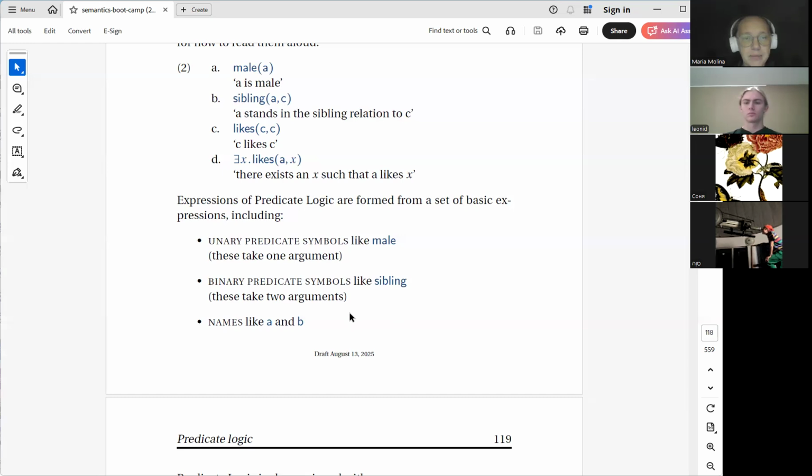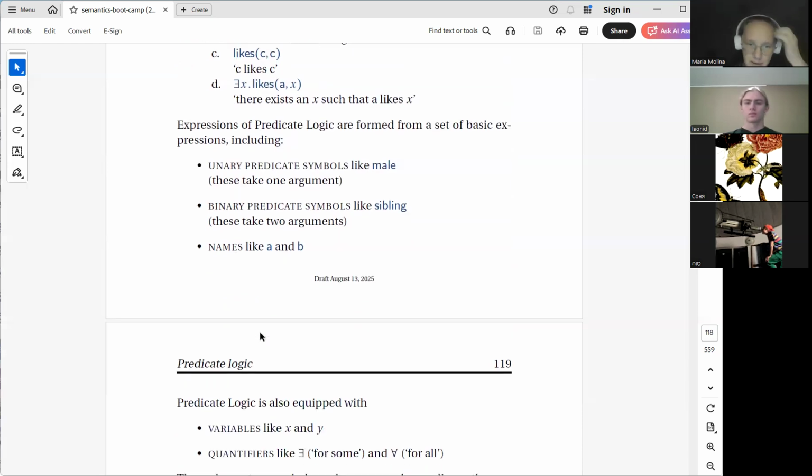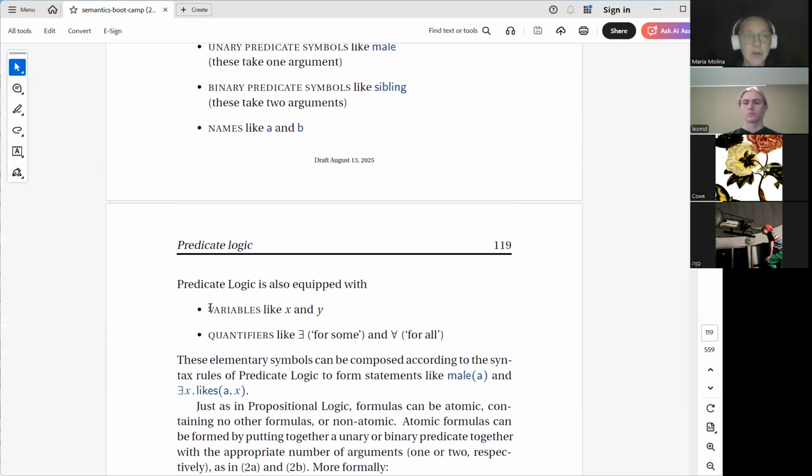And in predicate logic, we have predicates and we have names. And also we have variables, and most commonly they use X and Y, but it might be any other variables. I mean, you cannot take M or N. It's just tradition that for variables, X and Y are taken, same as in math.